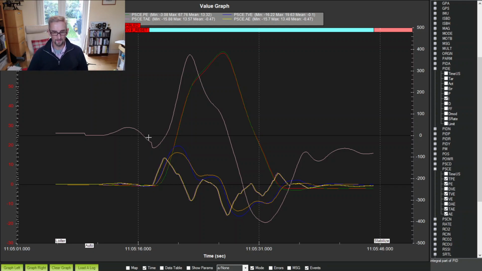Now, there's something else quite subtle going on here, which is that not only is the I-term taking time to build up, which means the response is slower, but we also don't want these errors to get too big. And so the control system makes that happen by slowing down time, if you like.